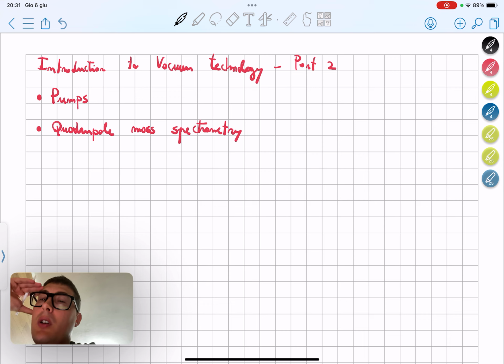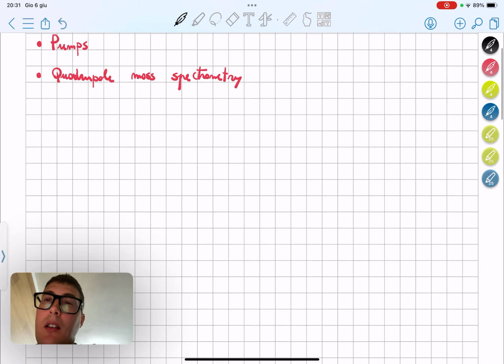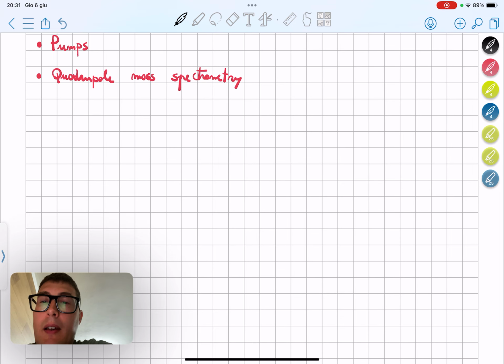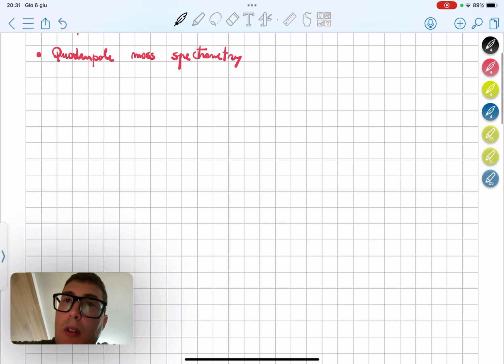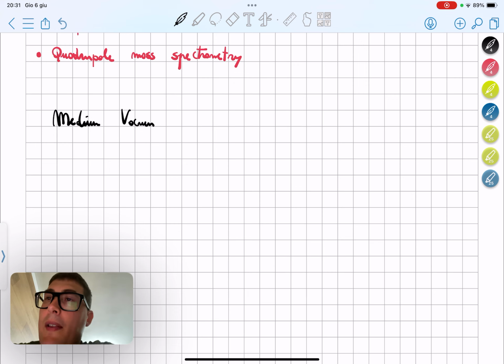About the pumps, one thing that one needs to consider is the level of vacuum to be reached. Let's briefly recall that by medium vacuum we mean something that goes from, let's say, 100 Pascal until 0.1 Pascal.